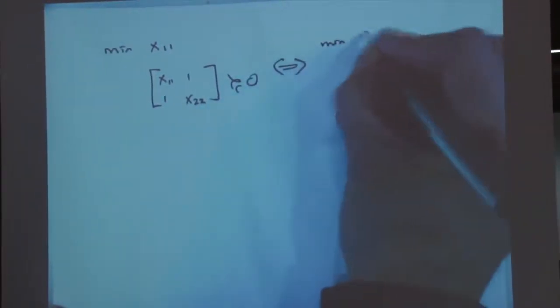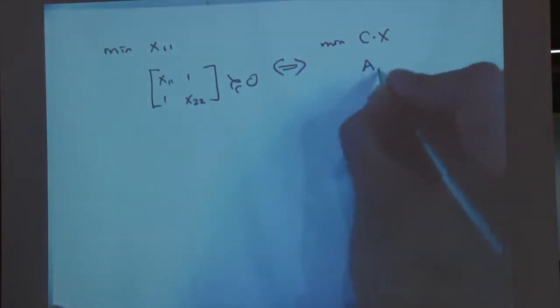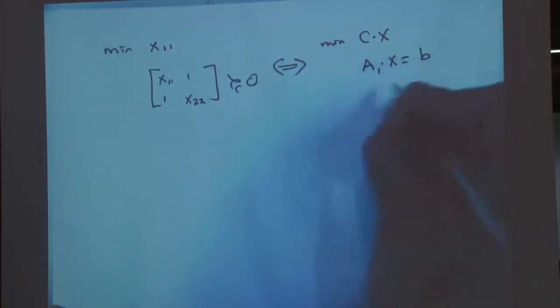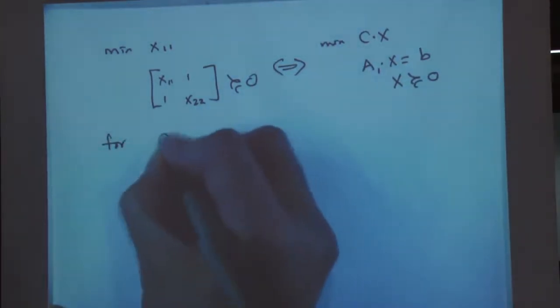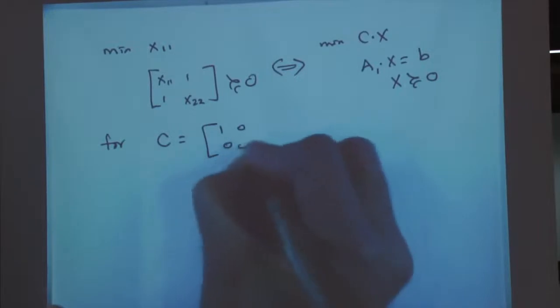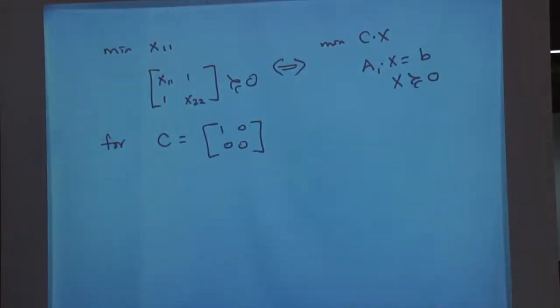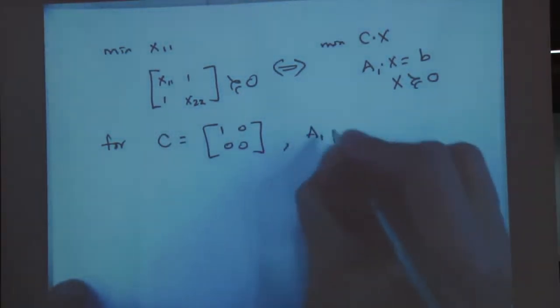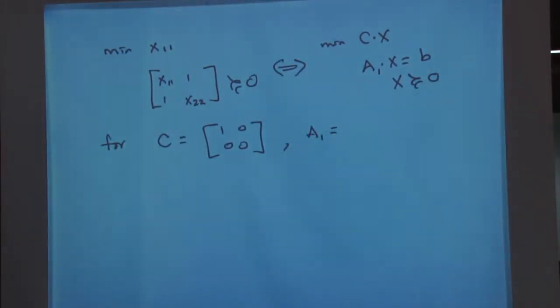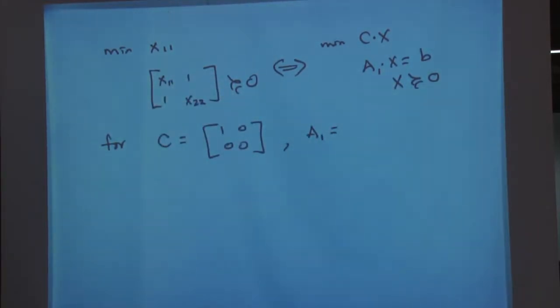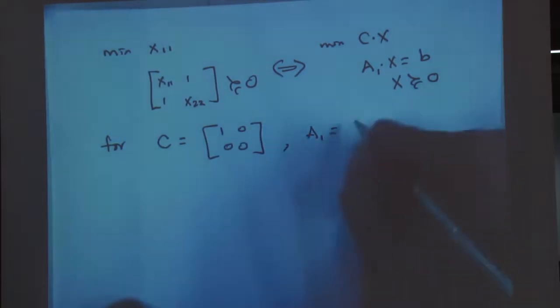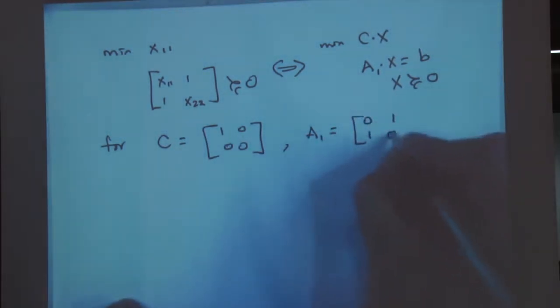Again, this is the same as minimize <C, X>, subject to <A1, X> = b and X positive semi-definite, for C equal to [1, 0; 0, 0], so that my objective is the 1,1 entry. And A1, I should pick so that these two entries are forced to be 1. The way to do that is to pick the off-diagonal elements.